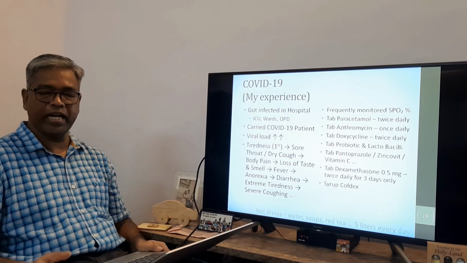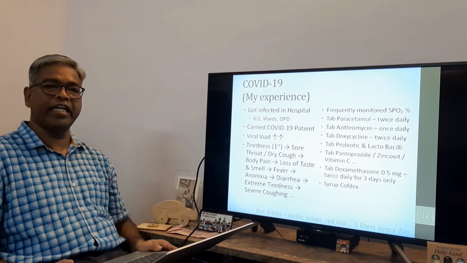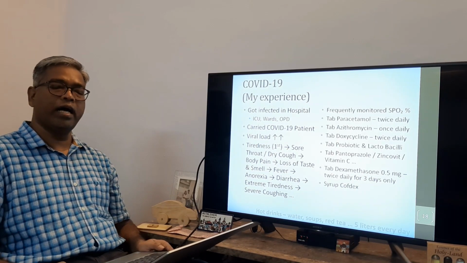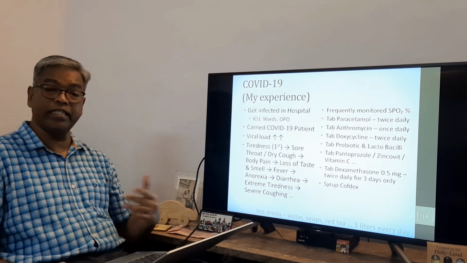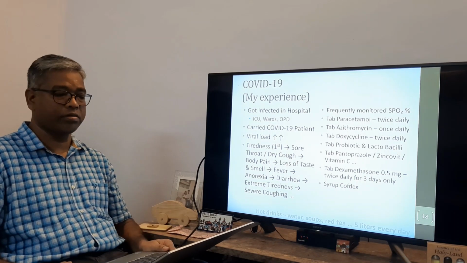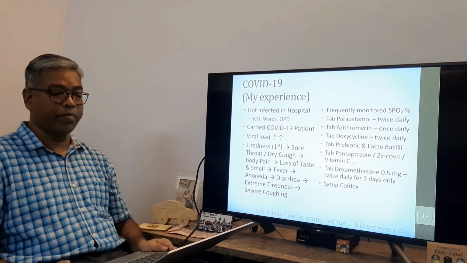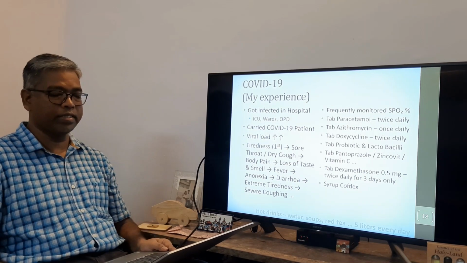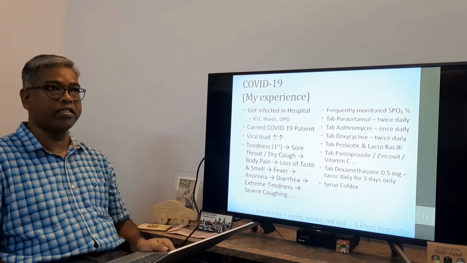So we admit them and try to keep them in isolation as much as possible and take precautions. Later, after 2 days, when the report comes, if they are negative, it's fine. If they are positive, it's an alarm, and then we refer them to the centers where COVID patients are treated.